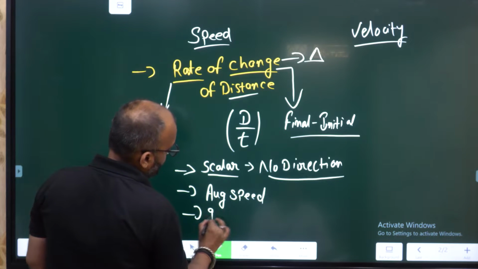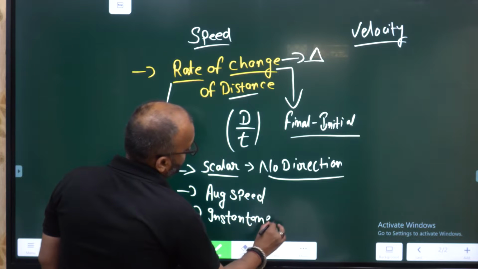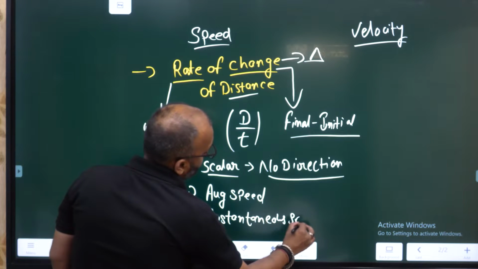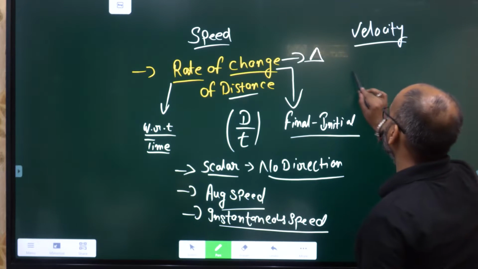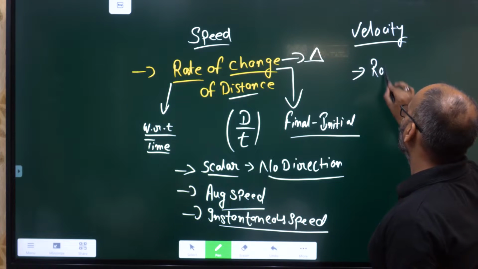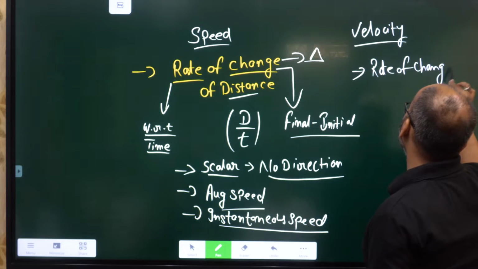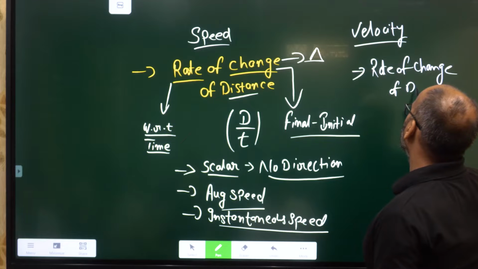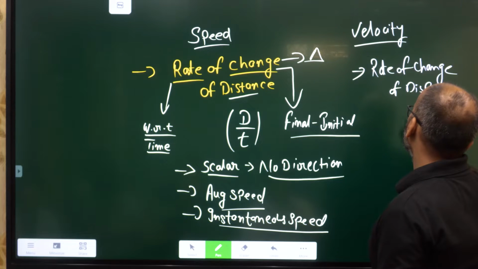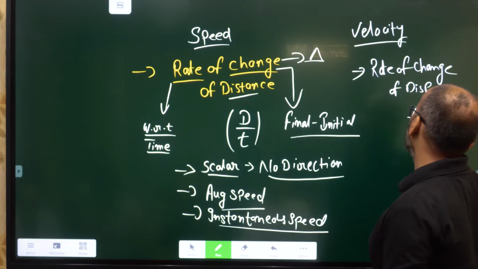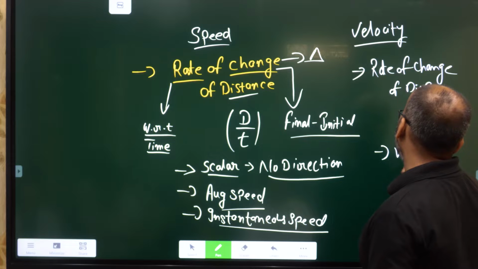The important thing that we have to consider here is average speed and instantaneous speed. We will do it separately. Coming to velocity, this is rate of change of displacement. Displacement is represented by S, so delta S upon delta T. This is a vector quantity.